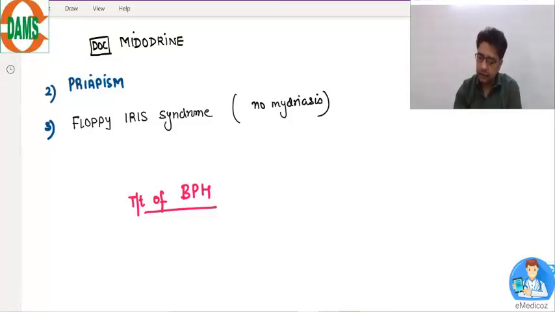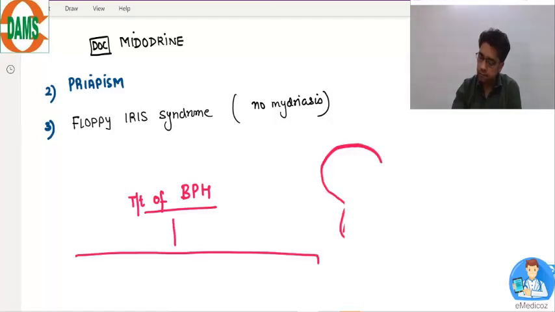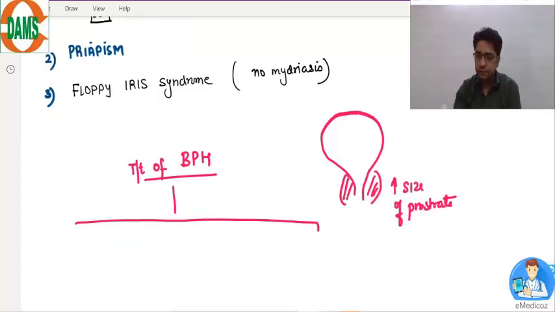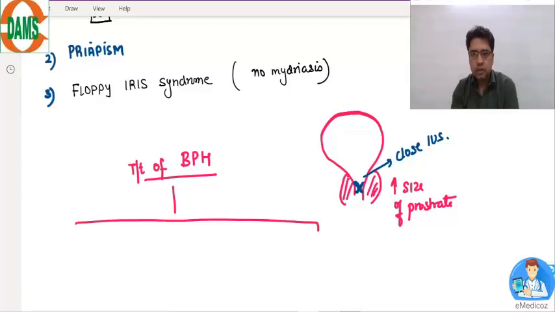In the bladder, two things are happening. One, there is an increase in the size of the prostate. And that increase in the size of the prostate is closing the IUS. So we have two options for the treatment.